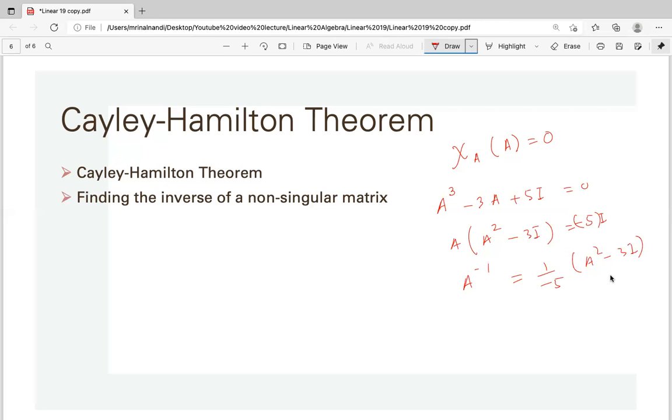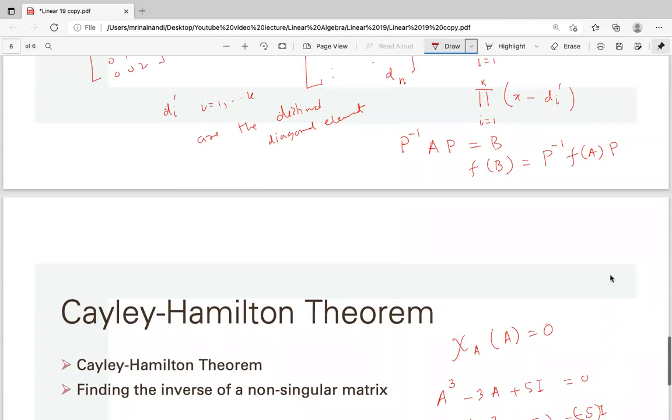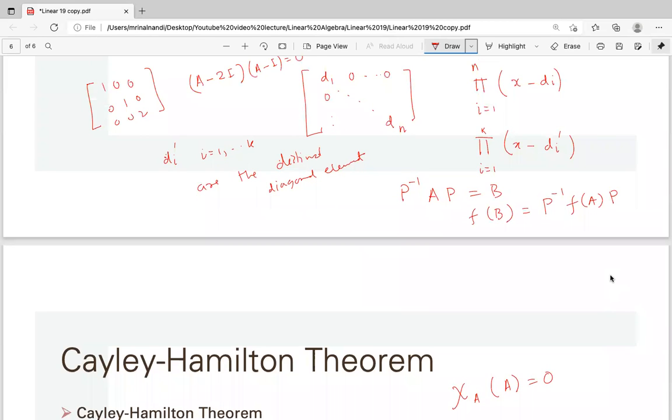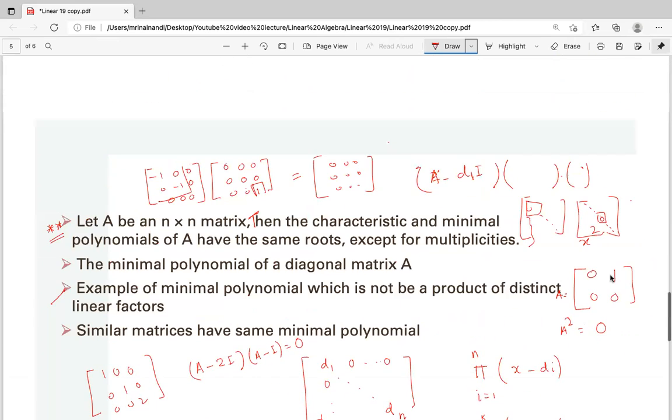But for finding a square there is a lesser number of computations. So from a computational perspective, A square has fewer multiplications or additions than finding A inverse by the adjoint and all these things. So that's why the Cayley-Hamilton theorem is important.